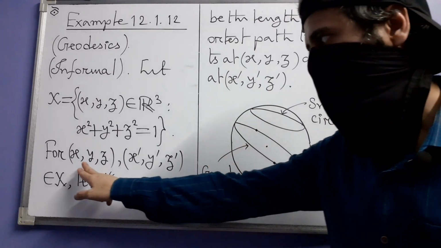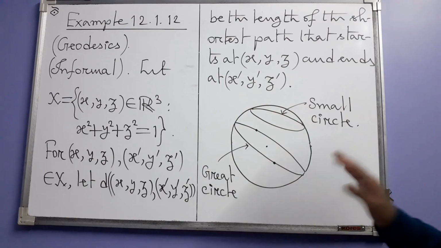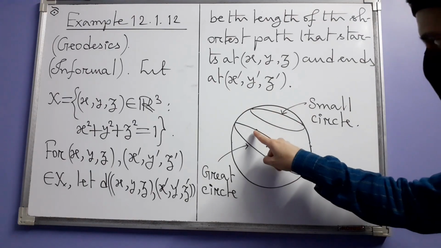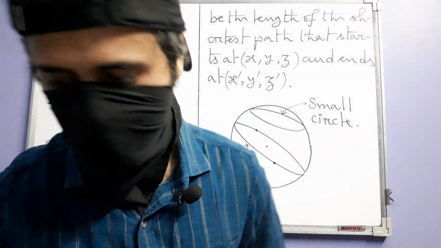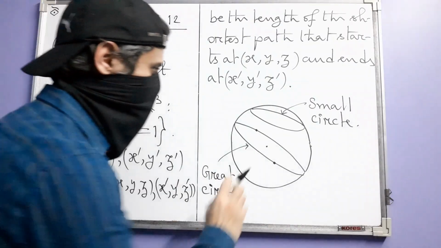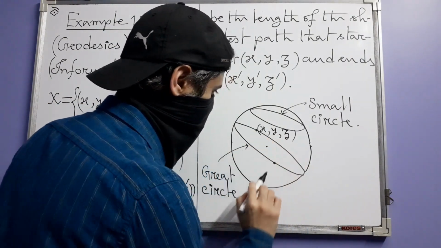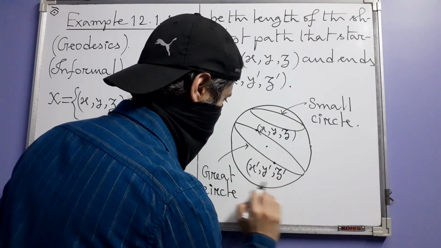On this surface, say you take two points. You can think of the surface of the earth as this thing. Say you consider these two points. Let me write the coordinates here. So this point has coordinates (x, y, z), and this is this.